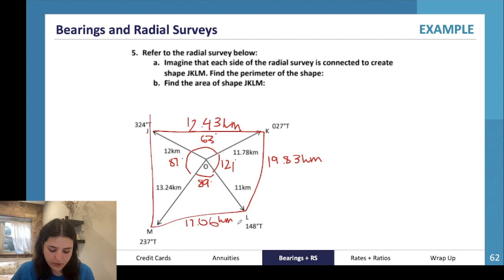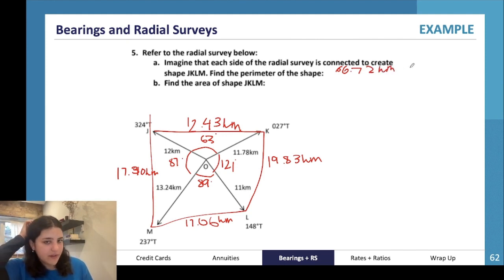And the last one, 13.24 squared plus 12 squared minus 2 times 13.24 times 12 times cos 87, square root it, and that's going to give us 17.40 kilometers. And so then we find the perimeter by adding all those together. So 17.40 plus 12.43 plus 19.83 plus 17.06 gives me 66.717. So we would do 66.72 kilometers.